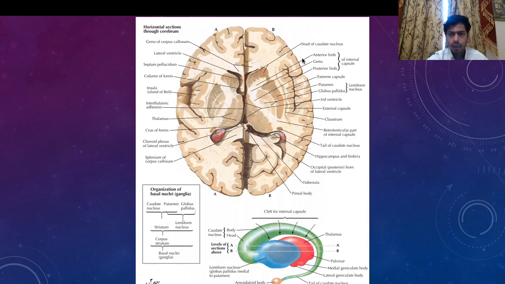We can see the internal capsule, which is anterior to it, which is also responsible for many similar functions. Like I mentioned before, it's all interconnected with the thalamus, and that's because of its close proximity. This is the tail of our caudate nucleus right here. Yes, so this is the horizontal section.